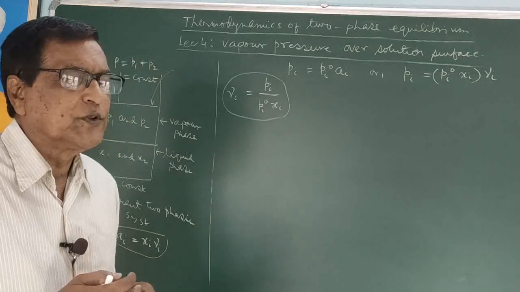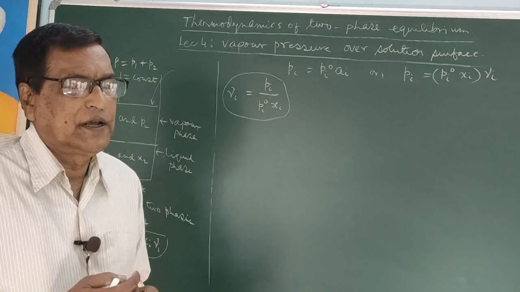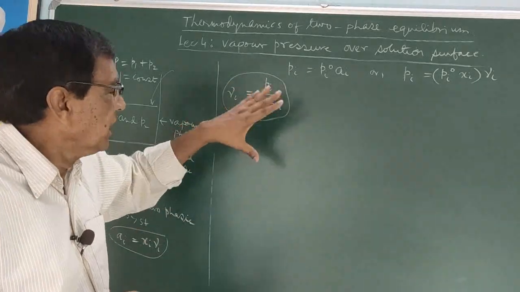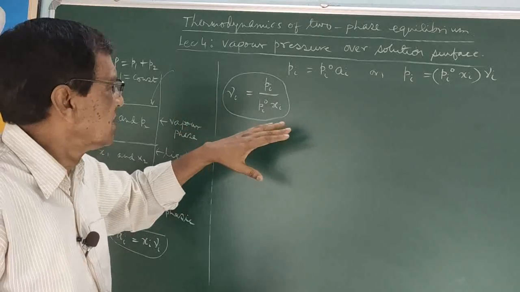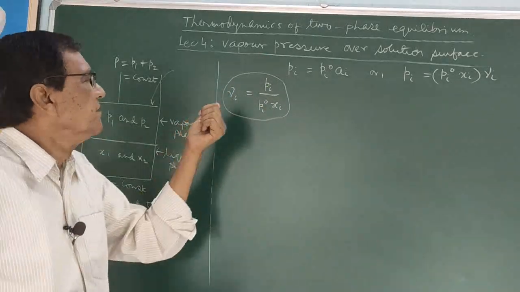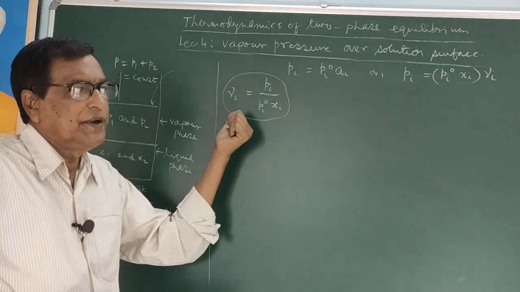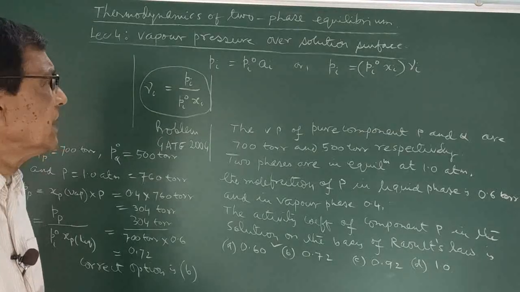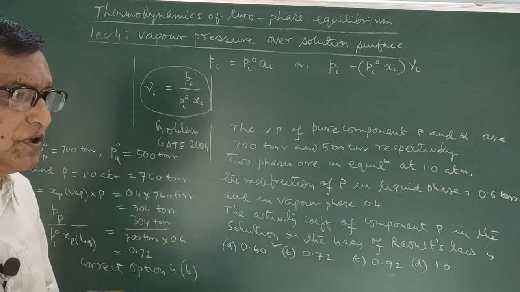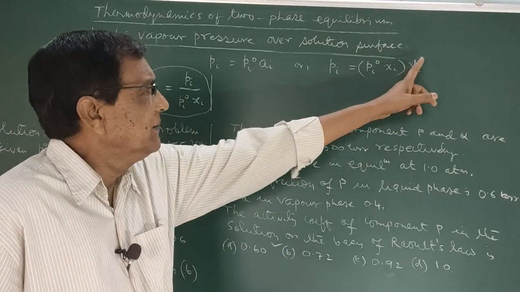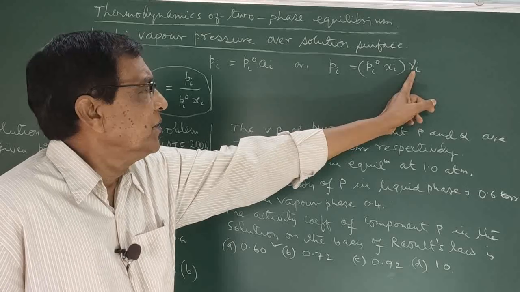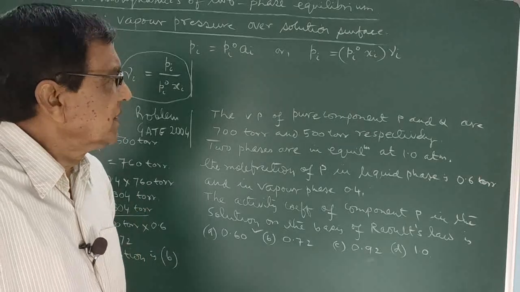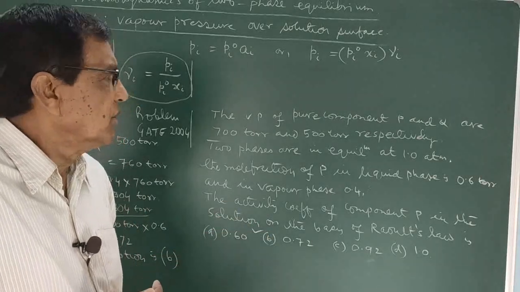I can show one very important problem, how the vapor pressure could be used to determine the activity coefficient of any component in a solution. I have already told you that the activity coefficient of any component could be determined by the use of vapor pressure according to Raoult's law.